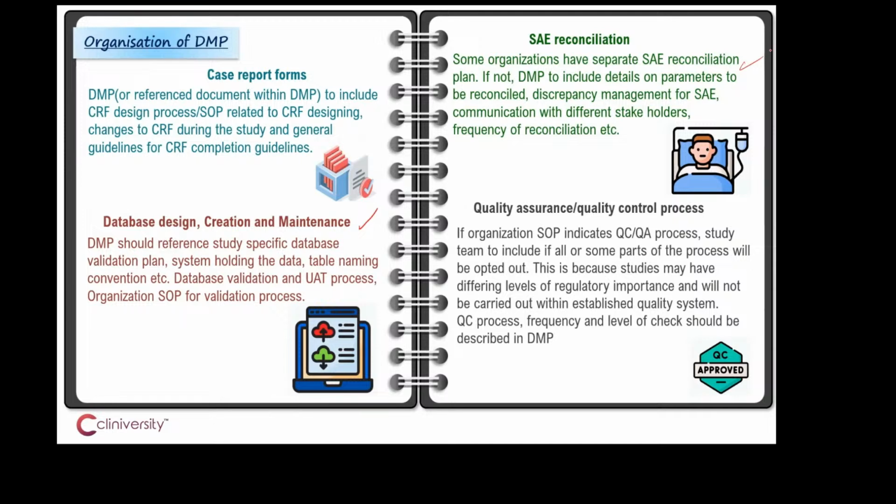Then is your quality assurance and quality control process. So the DMP will define quality assurance plans, quality control steps, and studies usually will differ because of the regulatory importance also. So occasionally a study will not be carried out within the established quality limit. So if it has a lot of regulatory importance, probably the level of QC would be higher for a study.